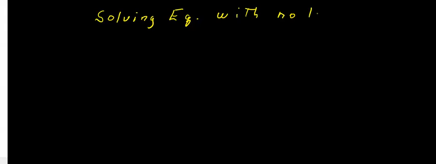Now, we're going to be looking at solving equations with no linear term. All right. So let's look at something like 4x squared minus 12 equals 0. All right?